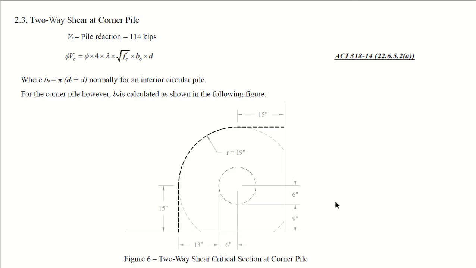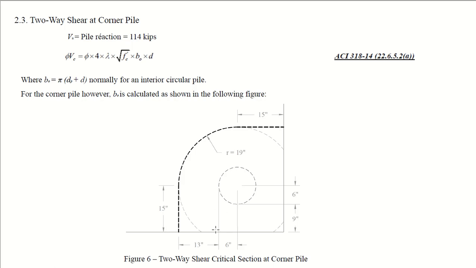You can see the location or the position of the corner pile. See, now this is your corner. The distance from the center of the pile to the edge is 1 foot 3 inches, which is 15 inches in both directions. dp divided by 2 is 6 inches, and the face of the column is at 9 inches from the edge of the pile cap.